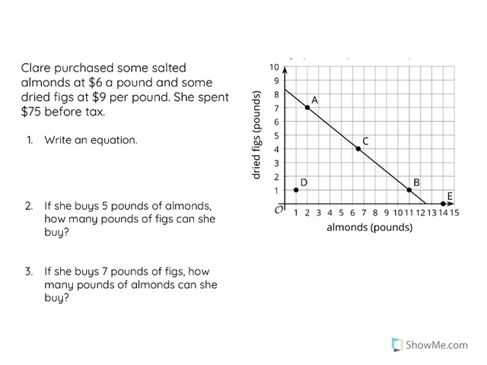So when we think about it, we have two different variables here. We have salted almonds and dried figs. I'm going to use S for salted almonds, and I'm going to use D for dried figs.